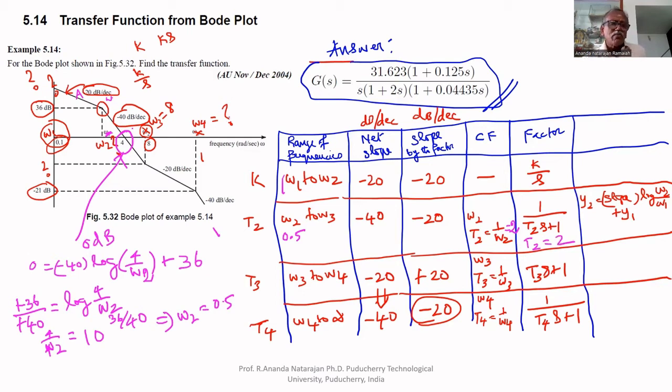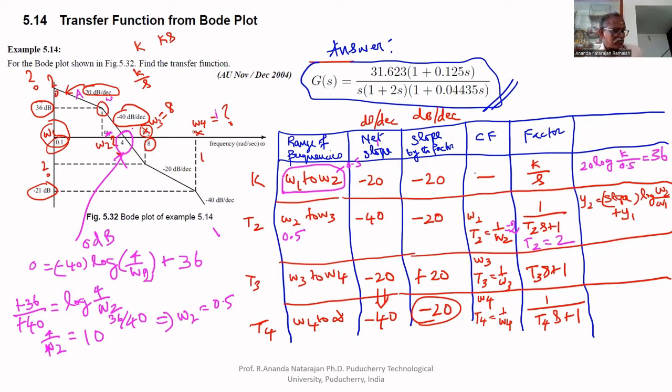Now, this slope is up to omega 2. Now we know omega 2 is 0.5 and the magnitude also we know. Therefore, for this we can write 20 log k by omega 2, where omega 2 is 0.5, equal to 36.